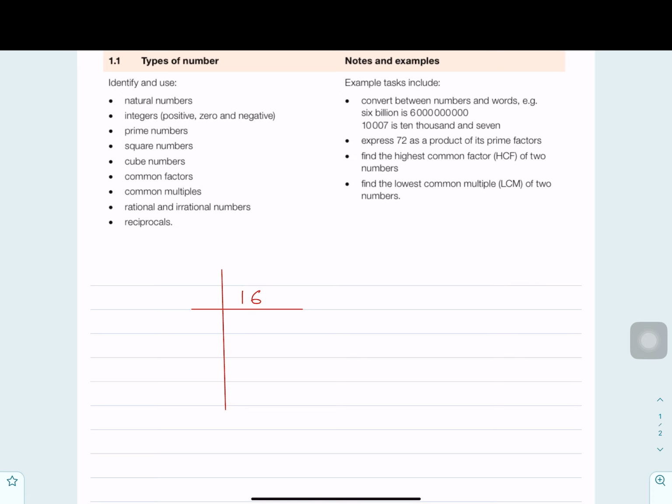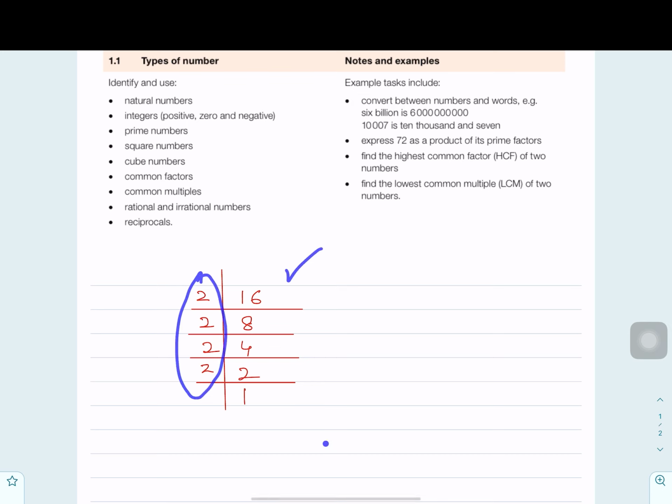So you will start with 2. 2 times 8 is 16. And next is 8, which is again divisible by 2. So you divide 8 by 2 and that becomes 4. Then again you will divide 4 by 2 and again 2. So these are called factors of 16.